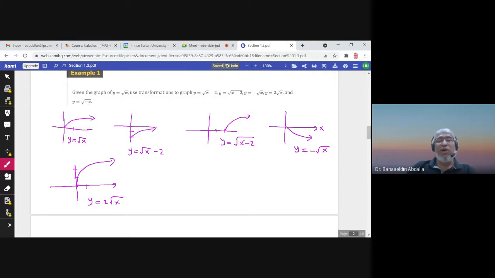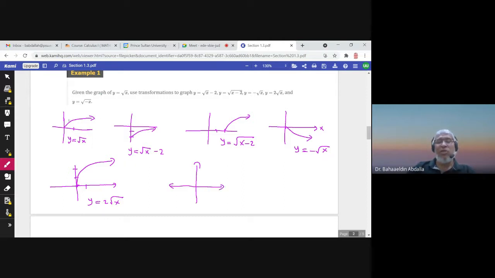What about y equals square root of negative x? We know that anything inside the square root shouldn't be negative, it should be positive. So for this, negative x is positive, so x is negative. Anyway, negative multiplied by x means a reflection about the y-axis.